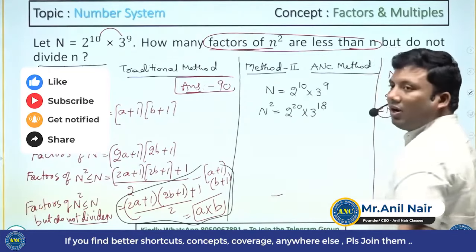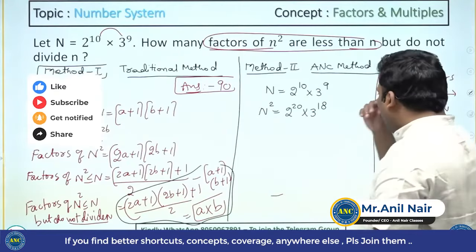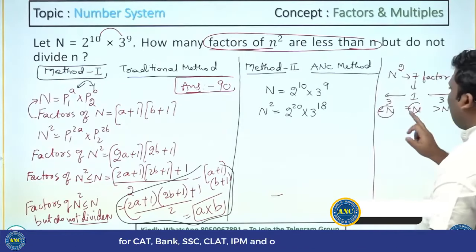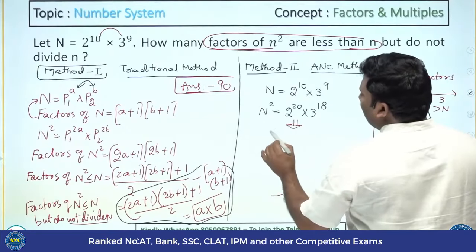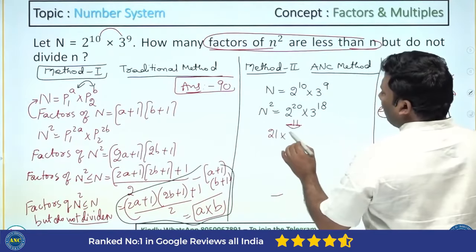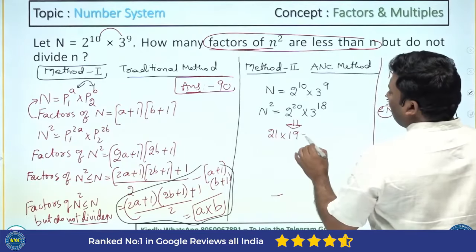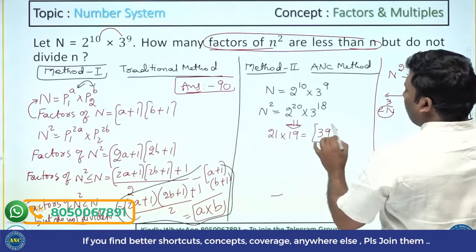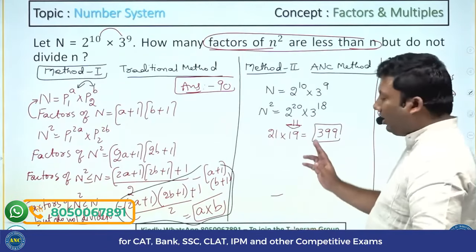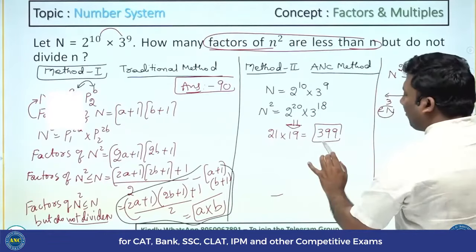Are you all with me? N square will become 2 power 20 into 3 power 18. How many factors are there for this number? 0 to 20, 21. 0 to 18, 19. Which is 399. Listen carefully. 399, it is an odd number of factors.